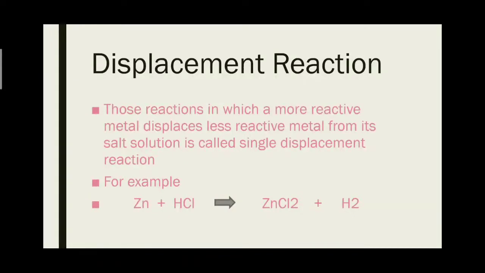Now, how will we know what is less reactive or what is more reactive? For this, in chapter 3, we have a reactivity table in which first are highly reactive metals and then at the end the least reactive metals.